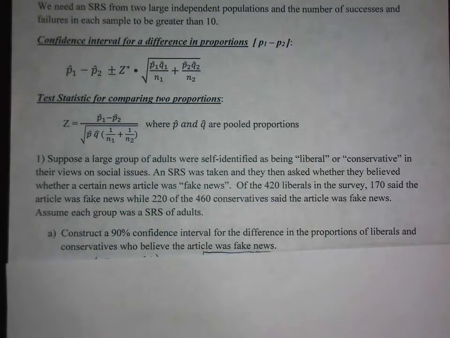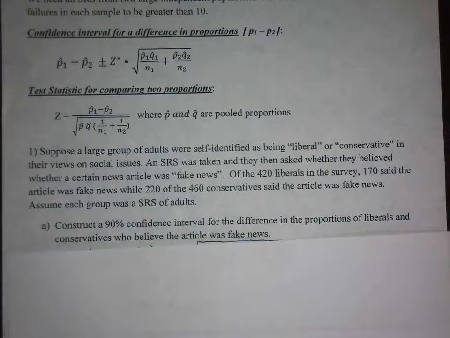In the first question, suppose a large group of adults were self-identified as being liberal or conservative in their views on social issues. A simple random sample was taken, and they were asked whether they believed a certain news article was fake news. Of the 420 liberals in the survey, 170 said the article was fake news, while 220 out of the 460 conservatives said the article was fake news.